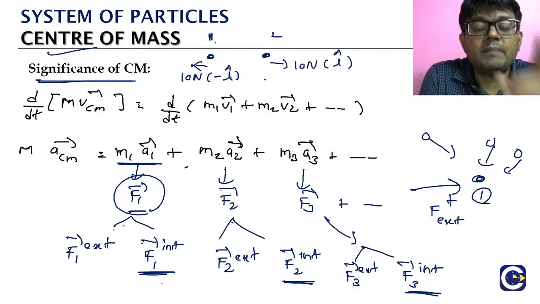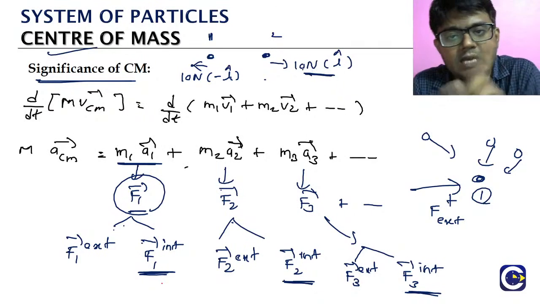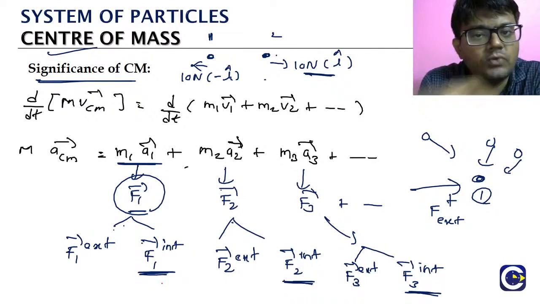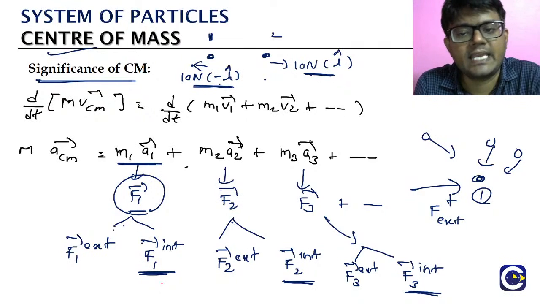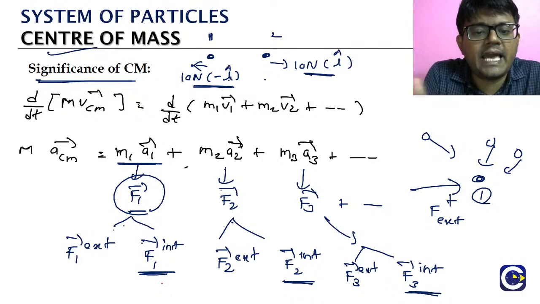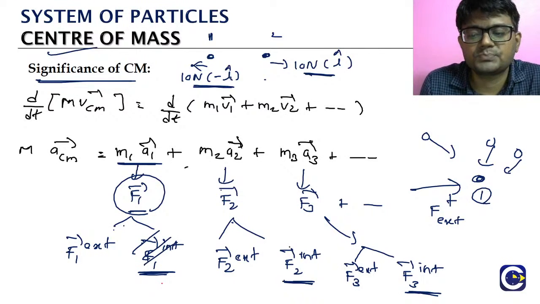Because particle 1 is creating a force of 10 newtons towards the right side on particle 2, that is 10 newton into I cap. In the same way, particle 2 will create a force of the same 10 newtons, but in the opposite direction, so 10 newton into minus I cap. Now if we add all the action reaction pairs like this, in total it will add up to 0.